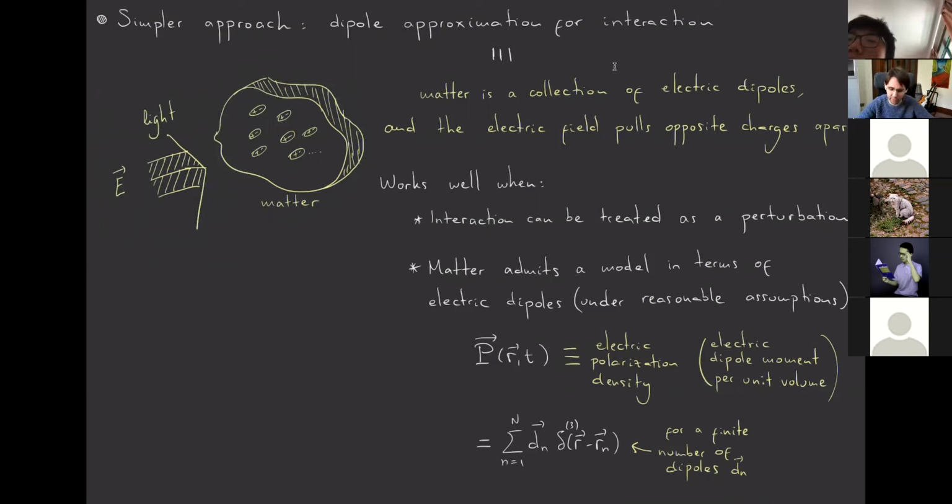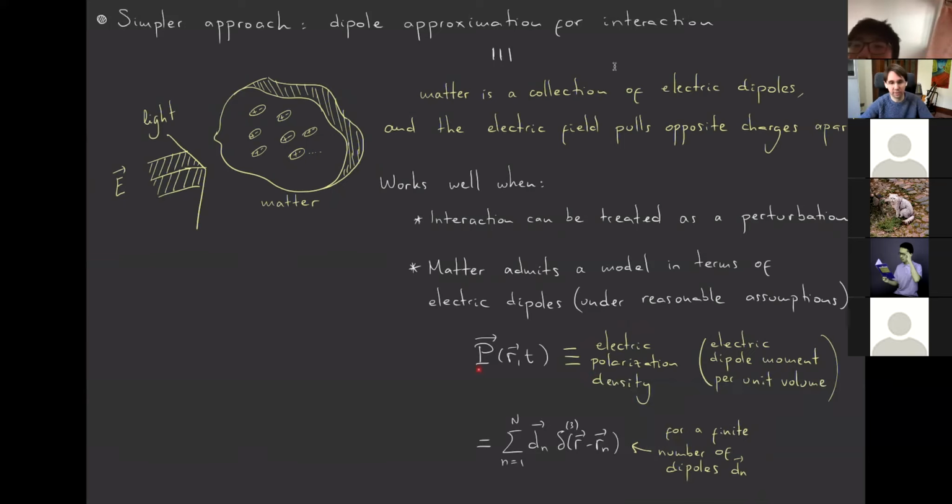This means that we can essentially describe our matter, from the point of view of the interaction with light, just as some kind of electric dipole moment per unit volume that we call electric polarization density, and we call it just P.